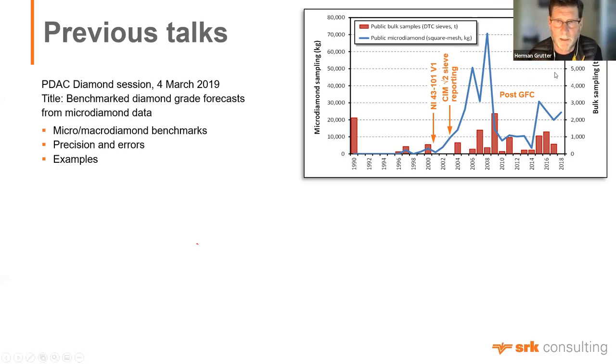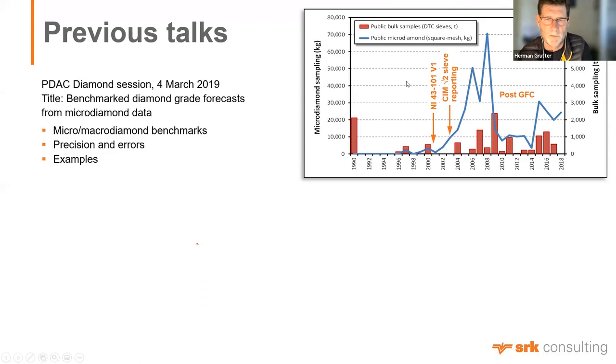Fairly soon after that, the Canadian Institute of Mining and Metallurgy instituted this thing called Route 2 sieve reporting for microdiamond results, and standardized the way junior diamond explorers were to report their microdiamond results, because microdiamond results are considered material information.